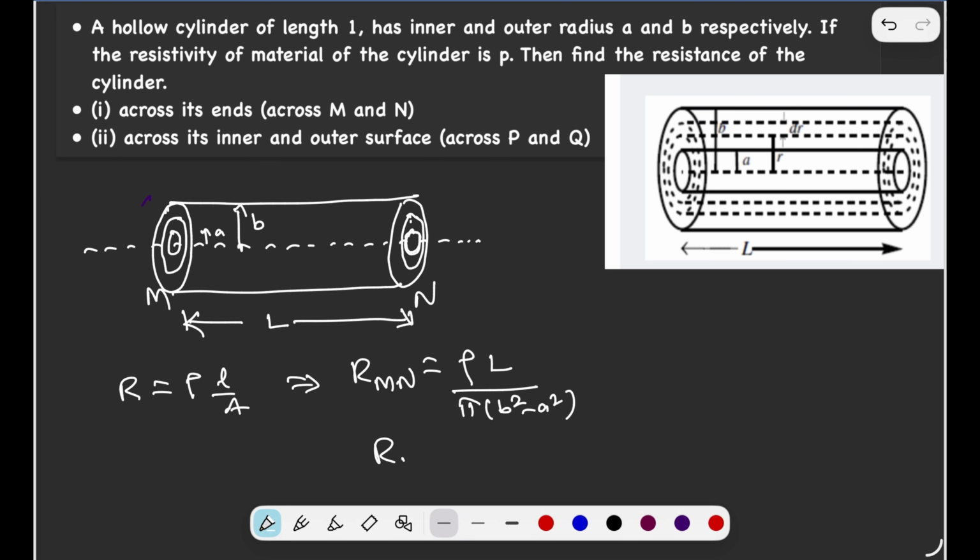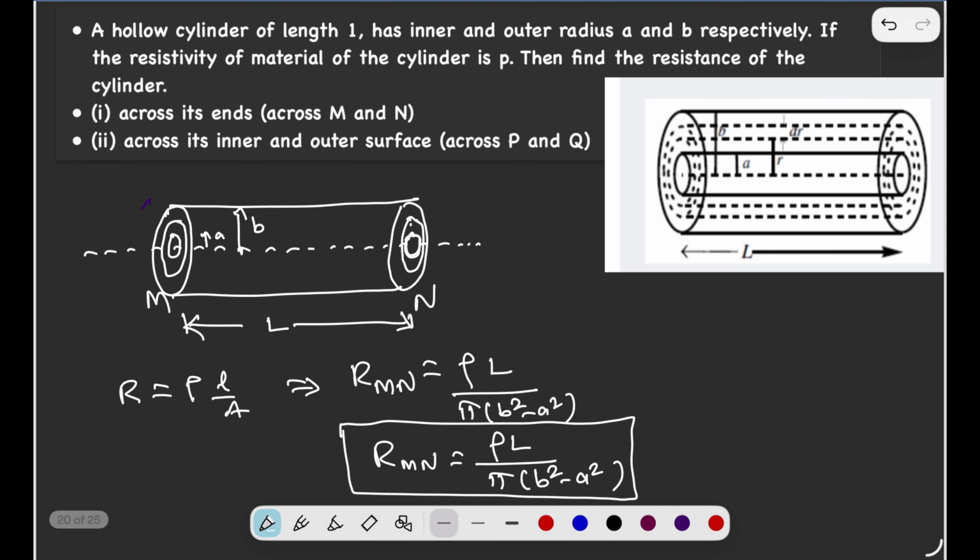So the resistance across the ends is rho L by pi into B square minus A square. This is the first question's answer.